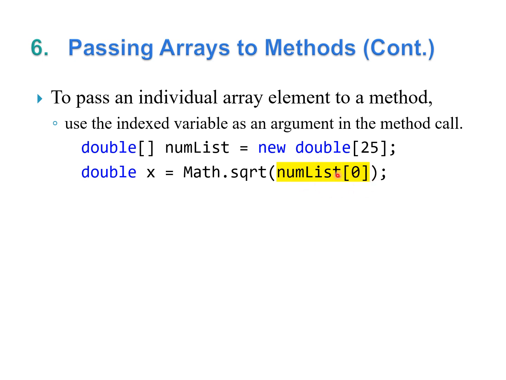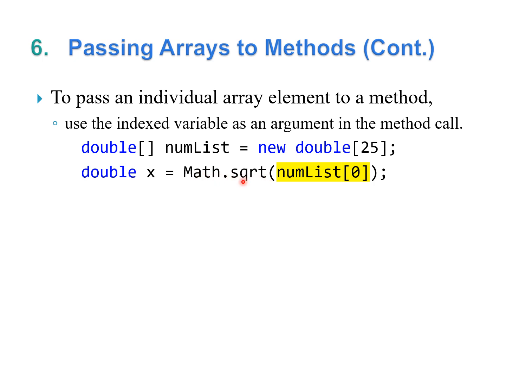So you can pass any double as the argument. Here the array numList has elements of type double, so you can pass any element of the array numList, for example numList[0], as an argument to the method sqrt of the Math class.